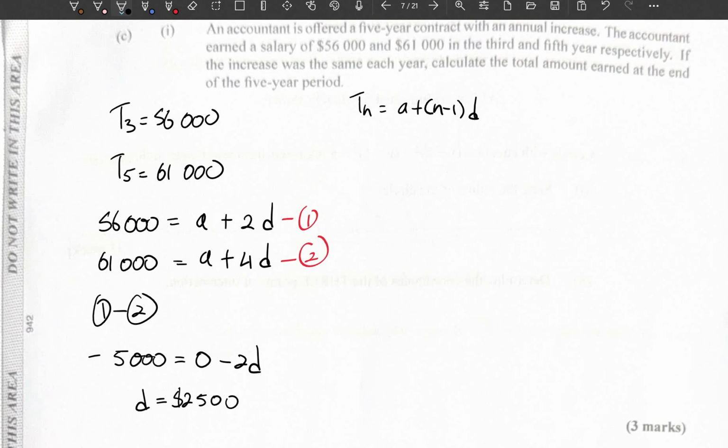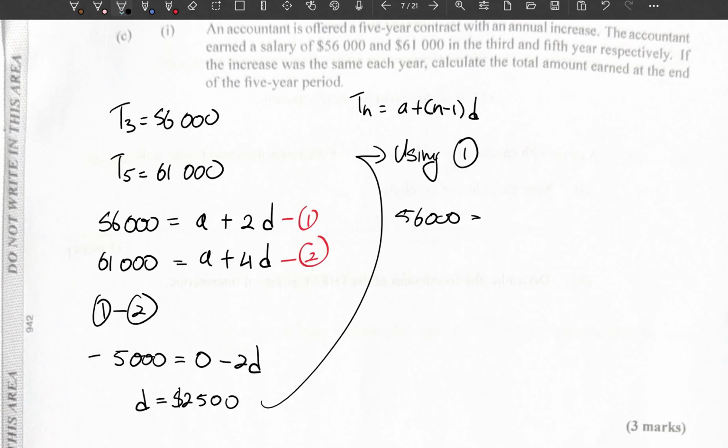Right? So we could go ahead and use this now to find what A is. So using equation 1, we see that 56,000 is equal to whatever A is plus 2 lots of d, which is 2,500.